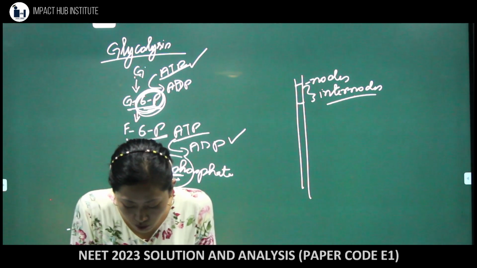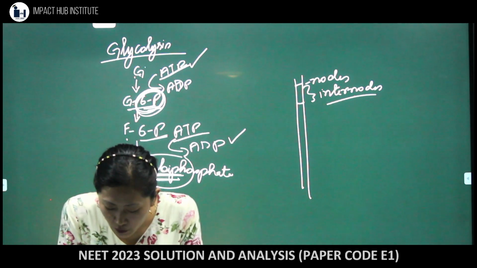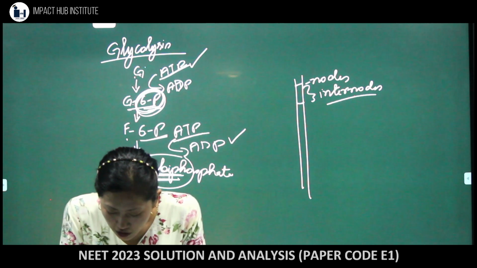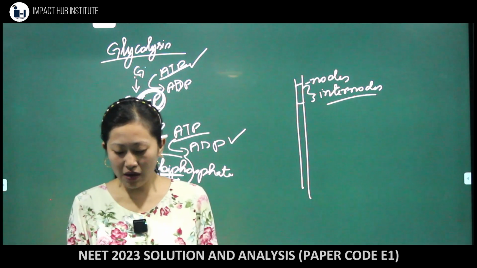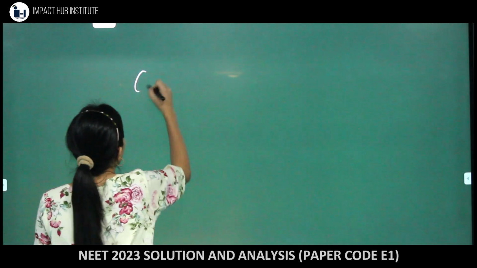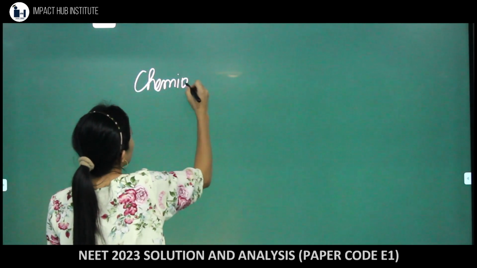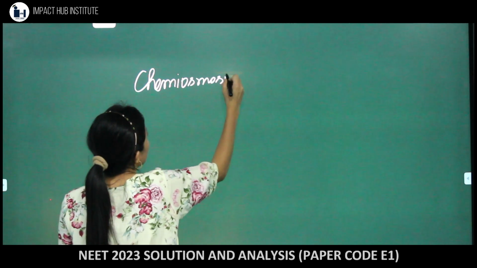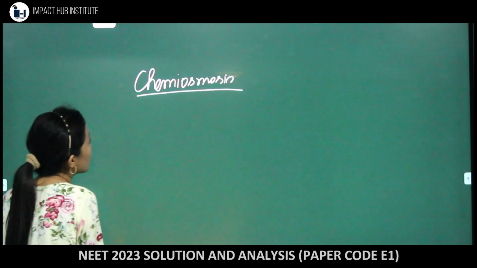The next one, question number 143. Which of the following combinations is required for chemiosmosis? So chemiosmosis, this is from the photosynthesis chapter.